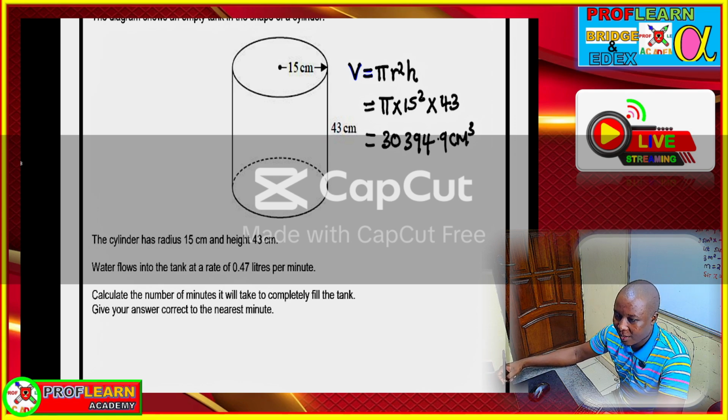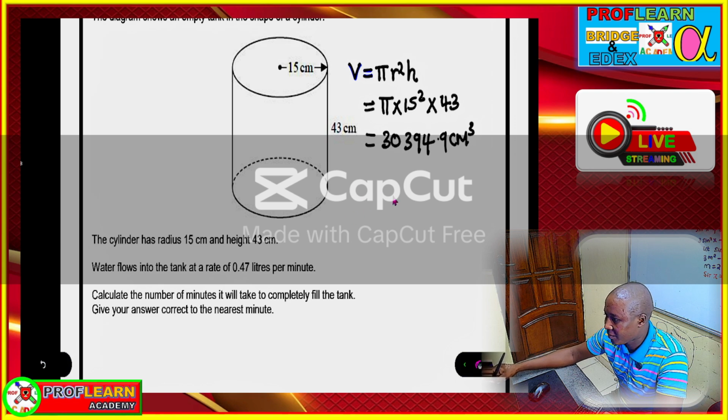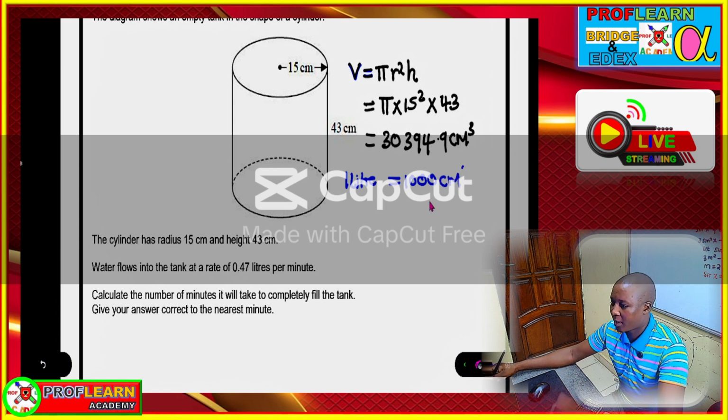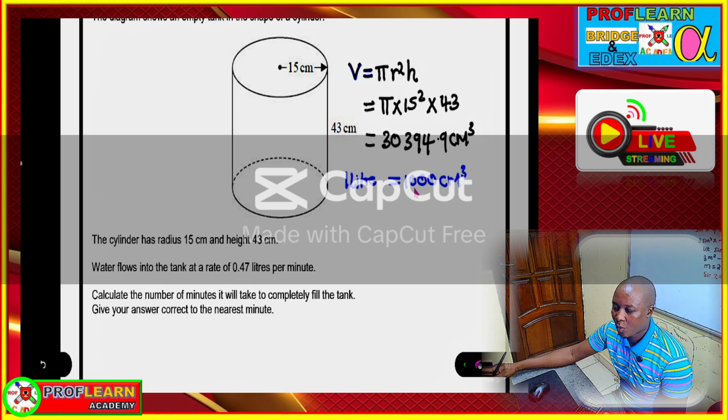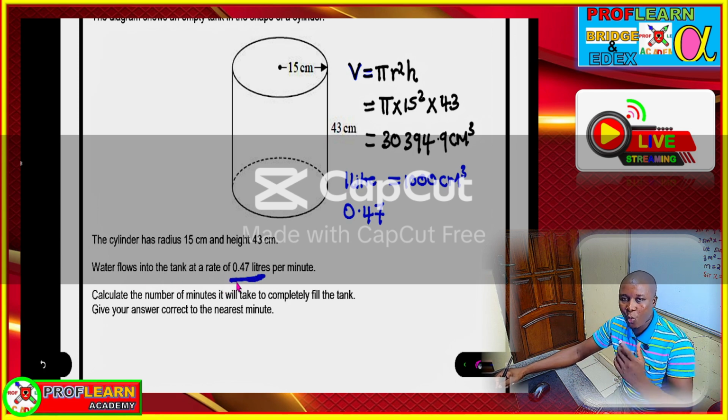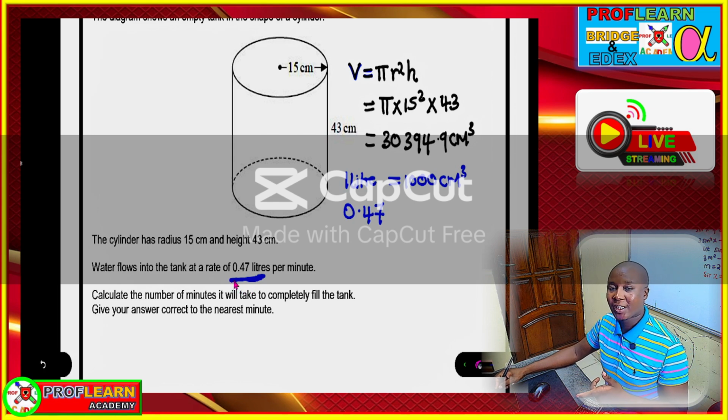Okay. We need to remember that 1 liter is equal to 1,000 centimeter cubic. So if we have 0.47 liters, I want to change the rate into centimeter cubic so that I can know how many centimeter cubic is equivalent to 1 minute.